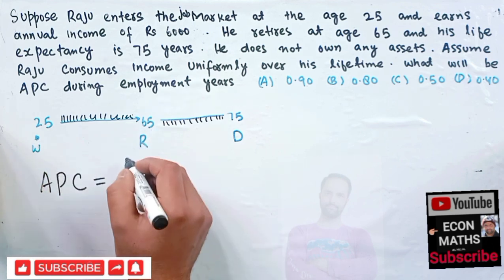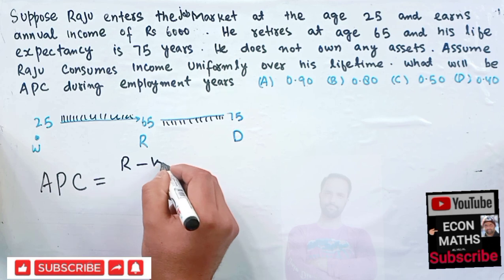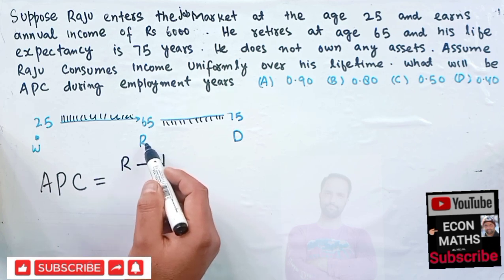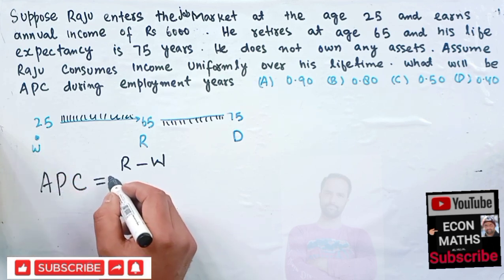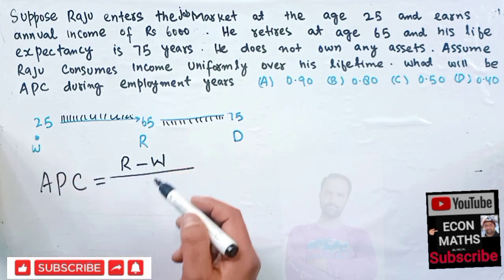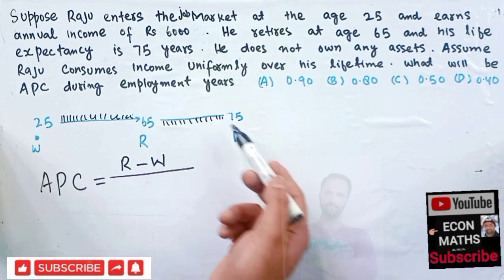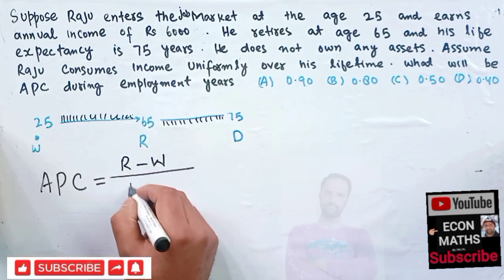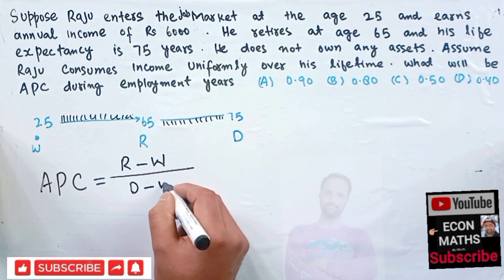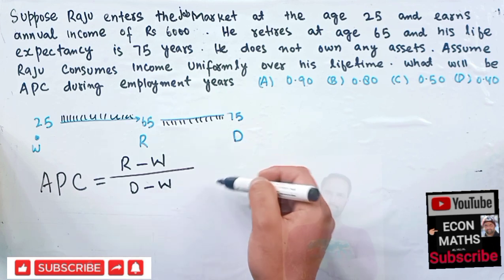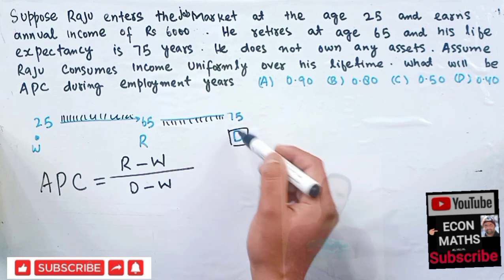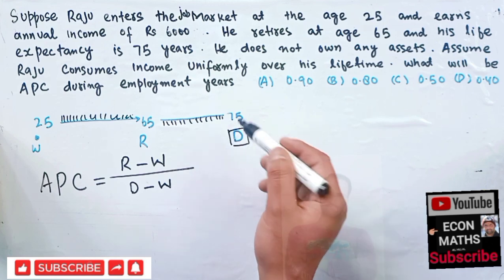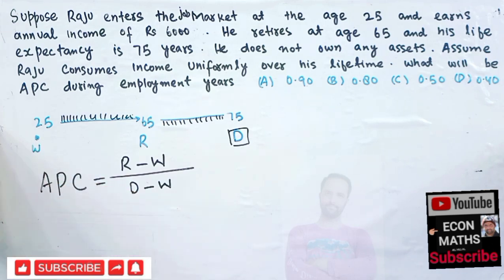So that means R minus W, that means number of years from start of working to retirement, divided by the total age, that means D minus W. Okay, that means from death year, that means he dies at the age of 75, minus the starting year, that means when he starts working, that's 25.